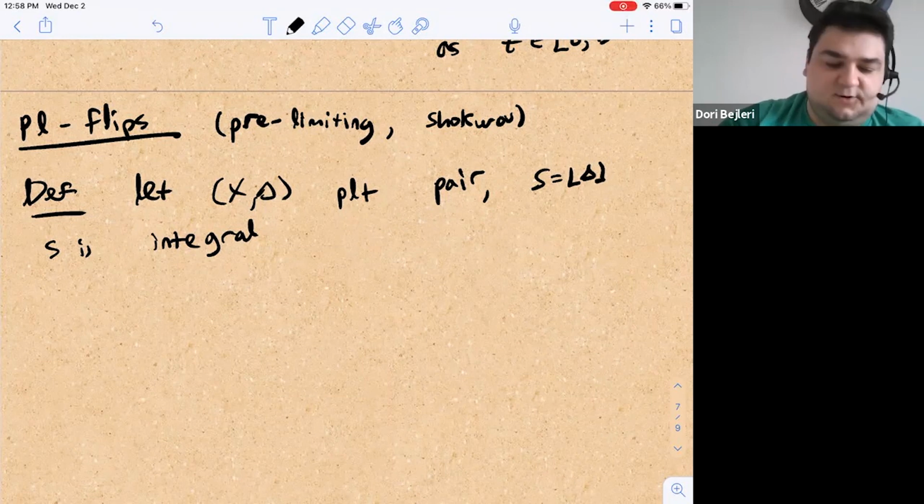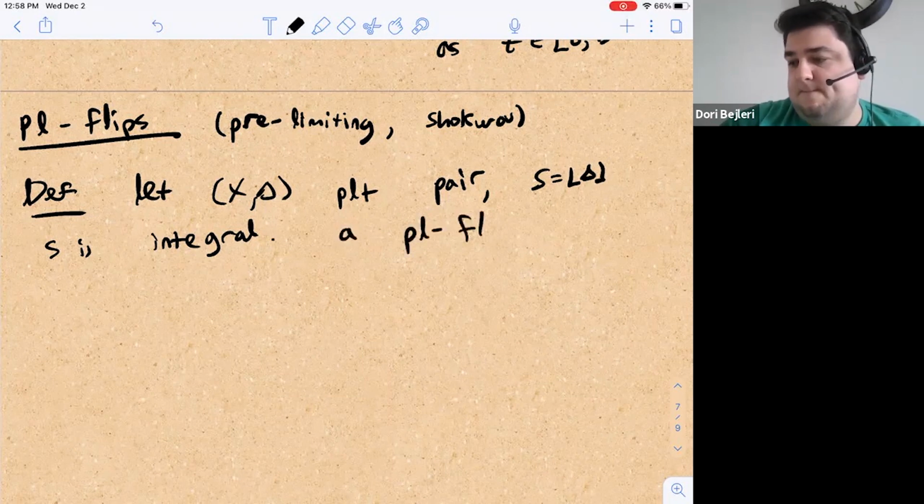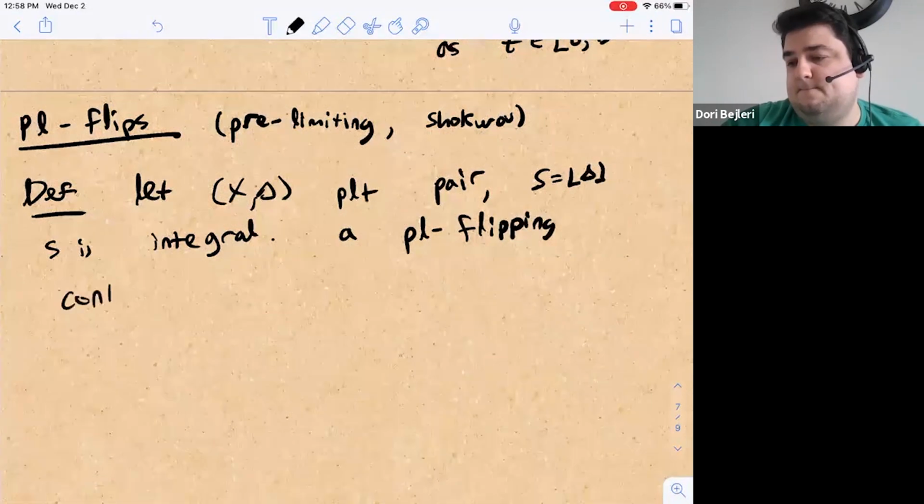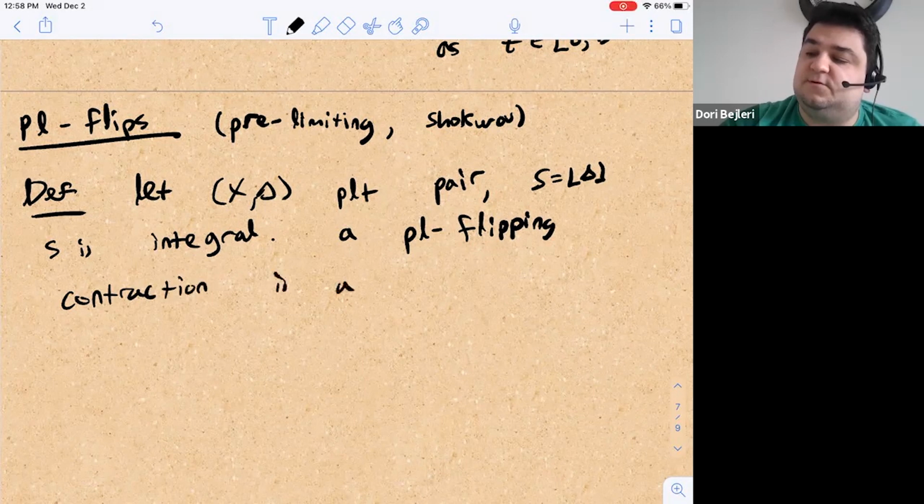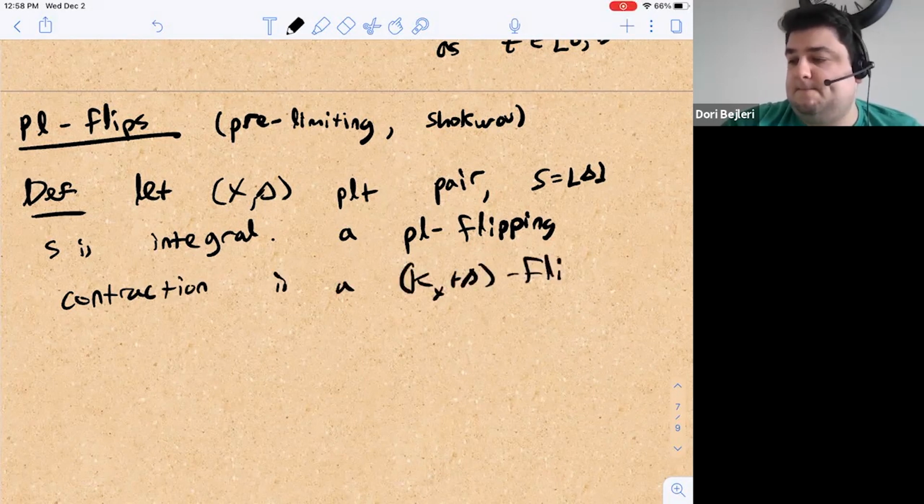So S is integral. Then we say that a PL flipping contraction is a K_X plus delta flipping contraction.